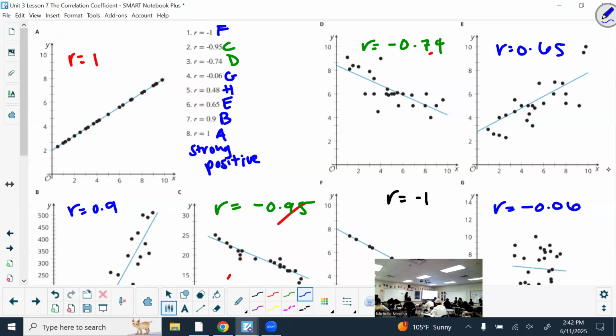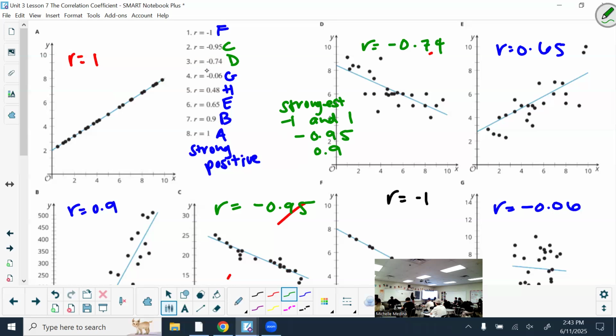So if I was ranking them from strongest to weakest, -1 and 1 are equally as strong. The next strongest is -0.95. That's stronger than 0.9. Right? -0.95, the absolute value, is closer to 1 than this one is.